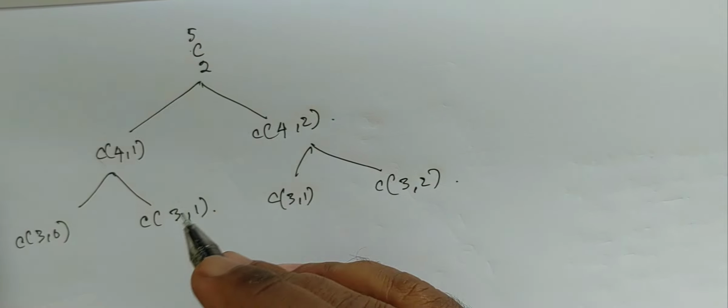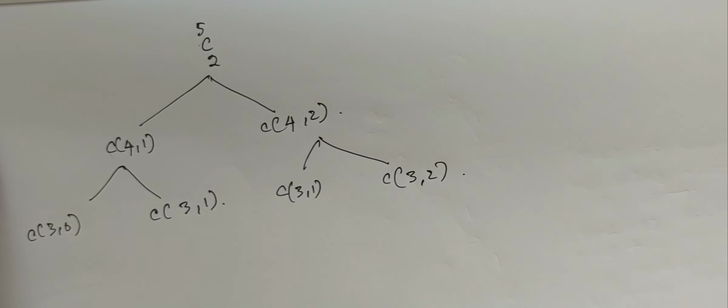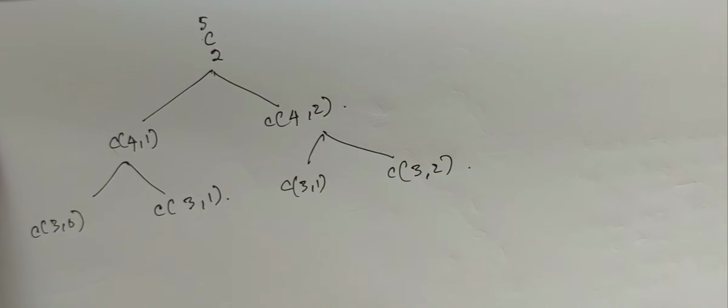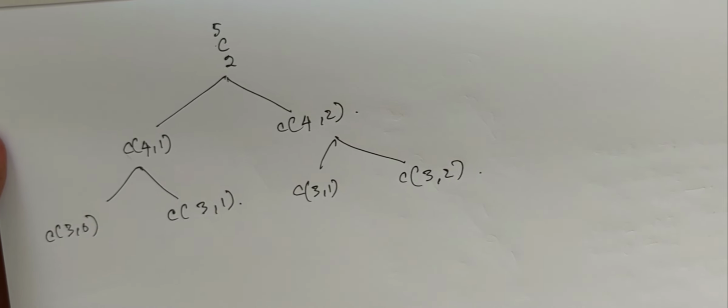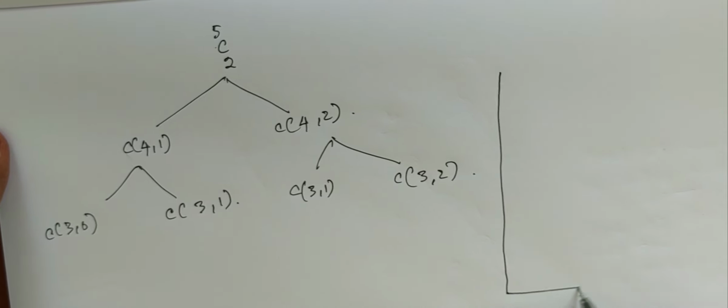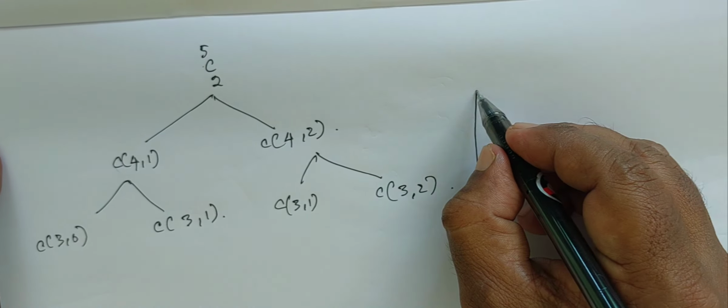Similarly, in this way this tree structure will go on. By using the binomial coefficient, we have to find out in a tabulation format. So what will be my answer? I will find out from this table.